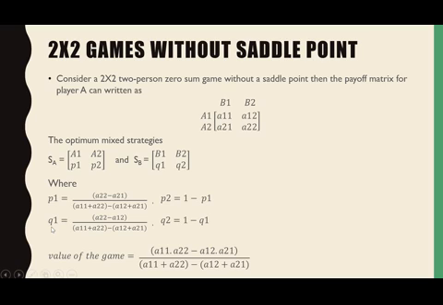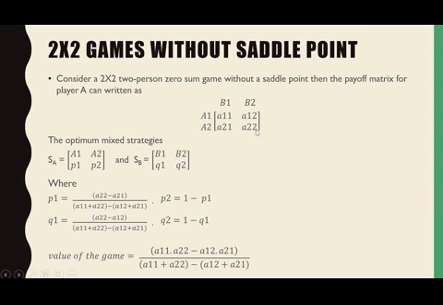So let us have a look at the formula for Q1. Here it is the last column, A22 minus A12. See, when I go with P1, it is the last row.